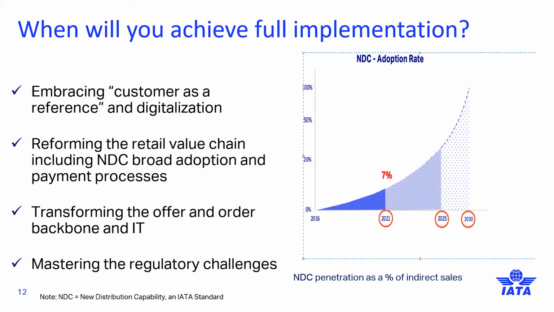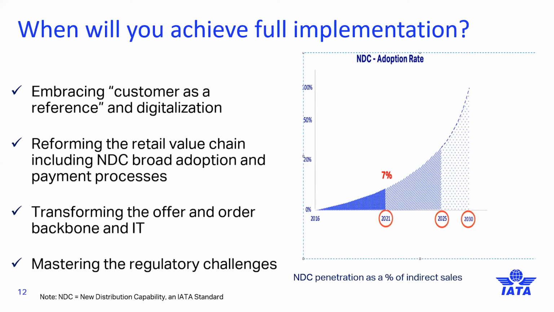Our vision is that some airlines will achieve 100% offers and orders by 2030, as you can see here. But this of course depends on the willingness and the ability of all key stakeholders in airline retailing to move to 100% offers and orders.